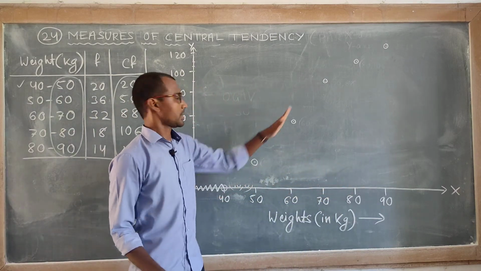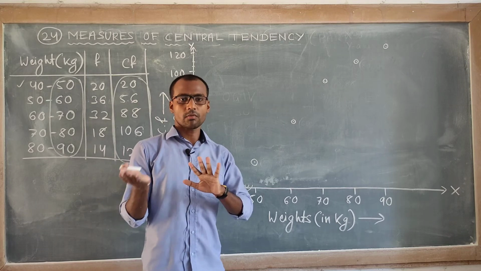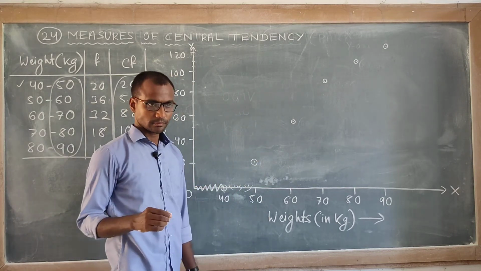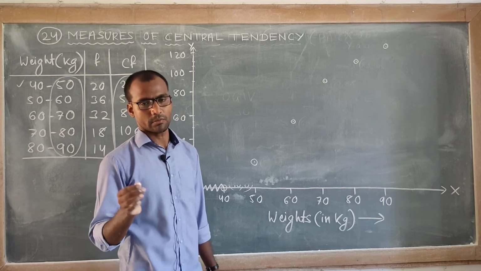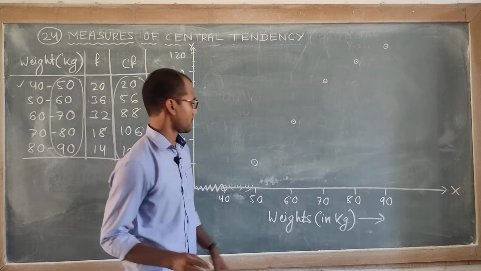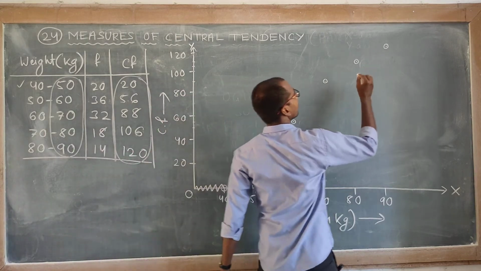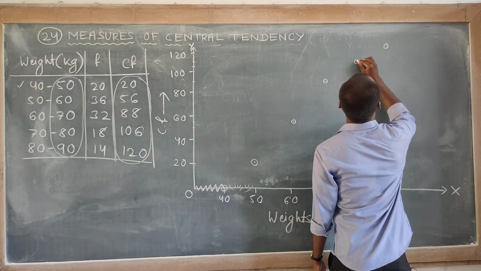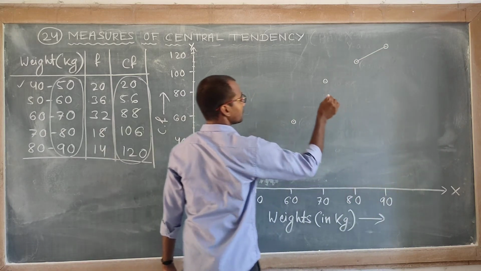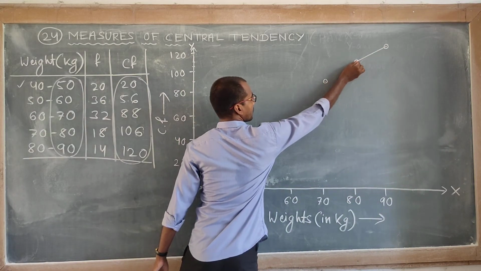To plot the points, taking upper limit as x coordinate and cumulative frequency as y coordinate. Okay. Now join them. Actually, you should join with free hand without using scale, but your diagram may not be accurate, so you can use scale. Join these points.